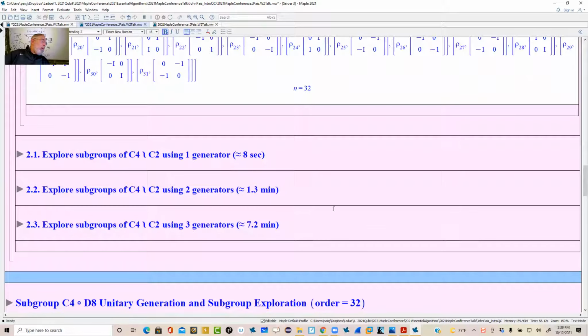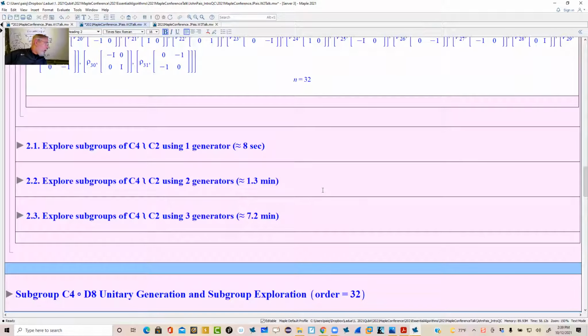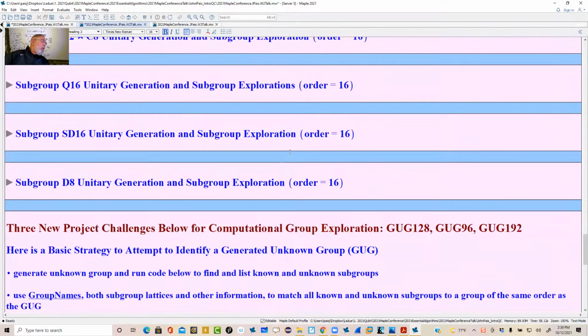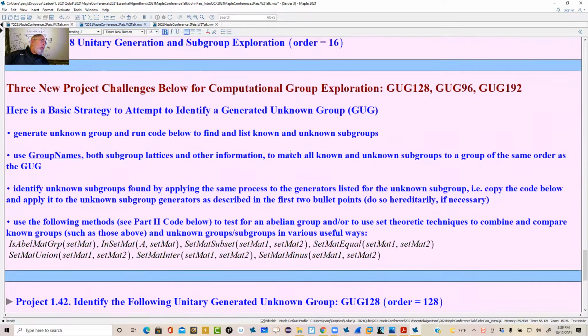I know I'm running out of time here, so let me briefly go down and point to these new project challenges I've set for the kids. Here's a generated unknown group of order 128, a generated unknown group of order 96, a generated unknown group of order 192. This is a process by which they can approach this.